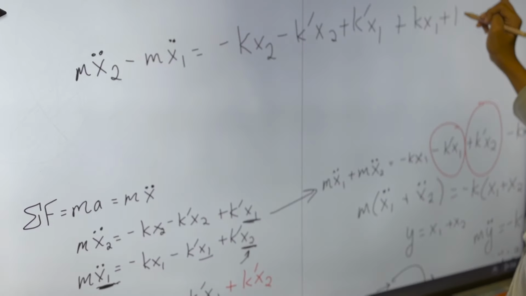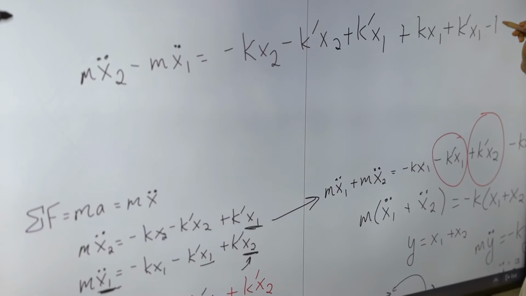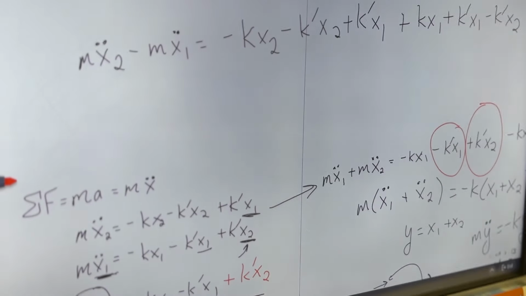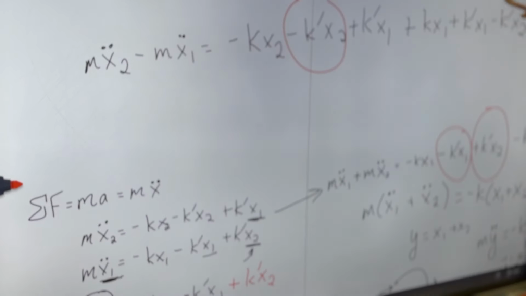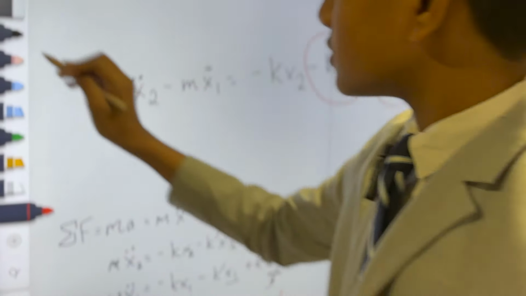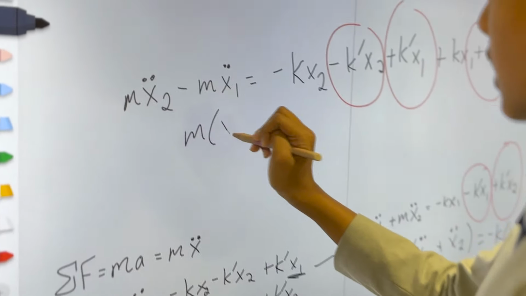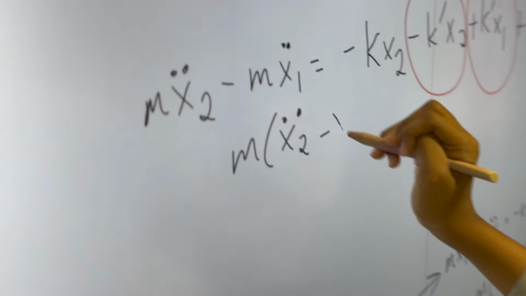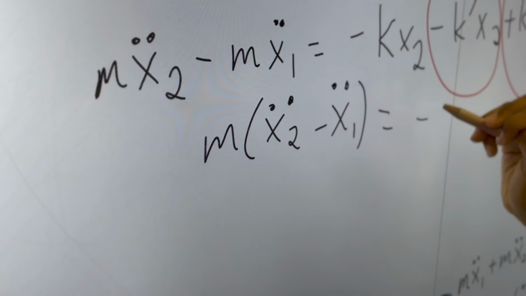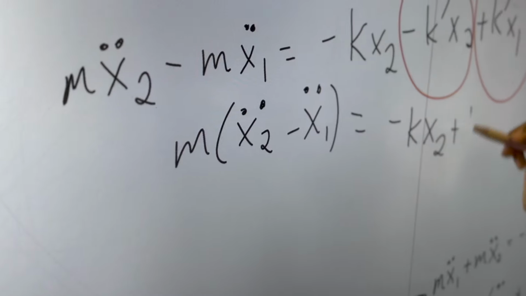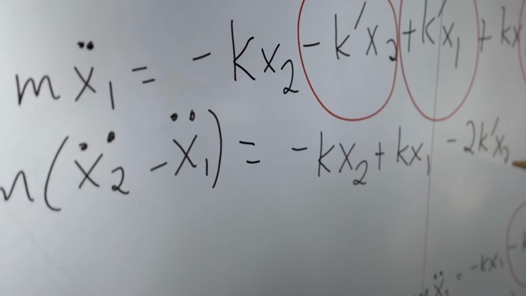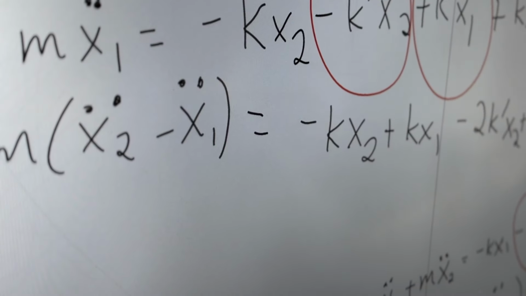So plus kx1 plus k prime x1 minus k prime x2. And you can see none of the terms cancel, but some of the terms add, namely these terms and these terms. So we get m times (x2 double dot minus x1 double dot) is equal to minus kx2 plus kx1 minus 2k prime x2 plus 2k prime x1.